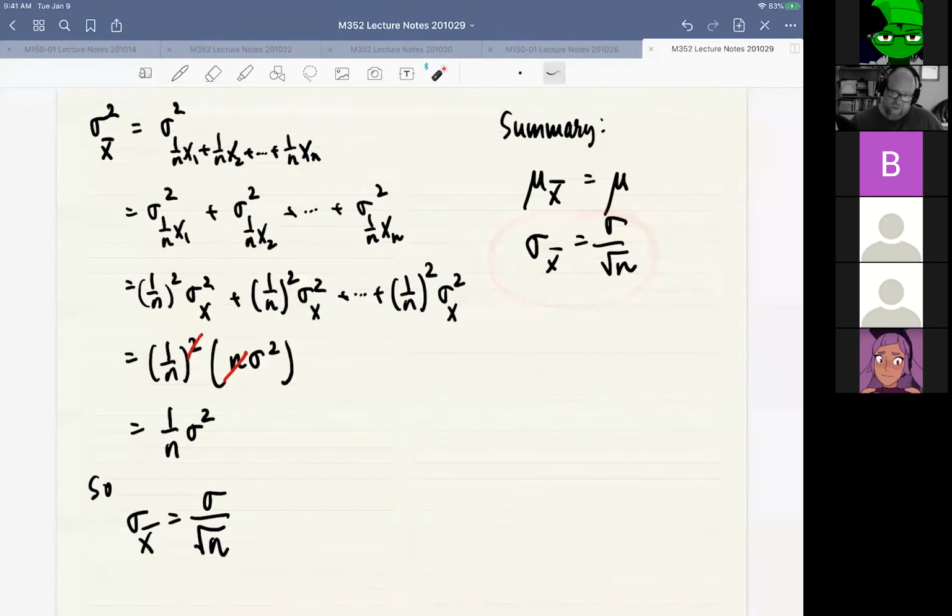But what this other thing says is that the error in the sample mean, the standard deviation in the sample mean, relates to the standard deviation of the original population, but it also depends upon the size of the sample. And the bigger the sample you take, the smaller the error. That is, the bigger the sample you take, the closer your sample mean is going to be to your true mean. How close? Well, square root of n. That's the factor.